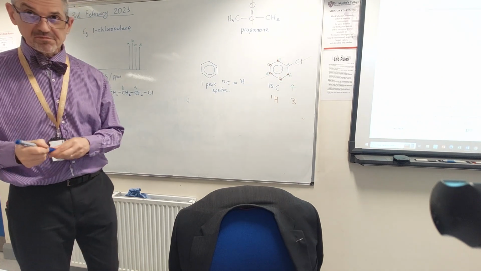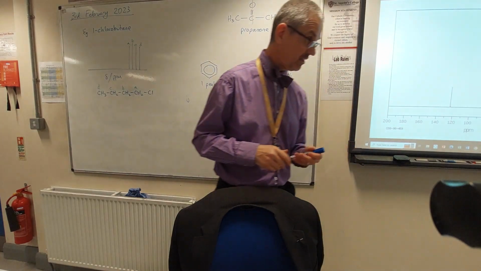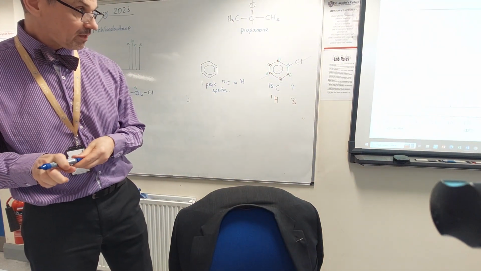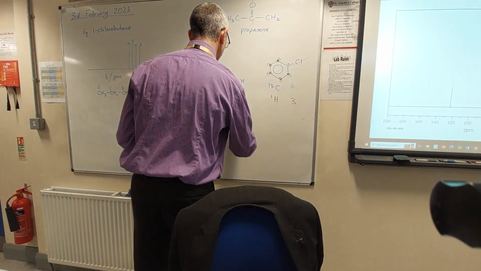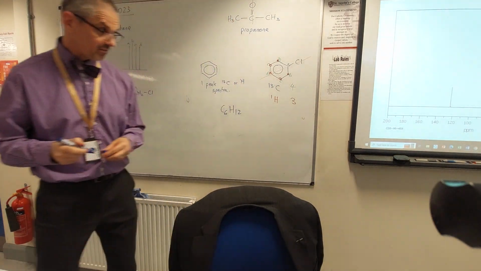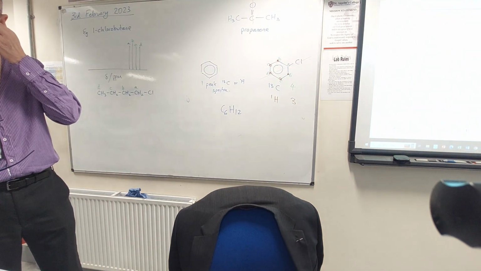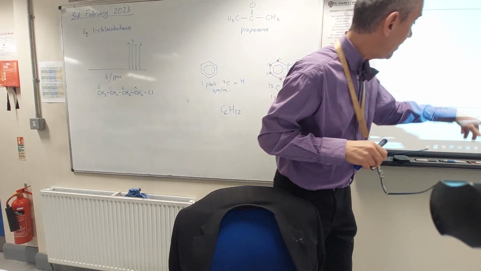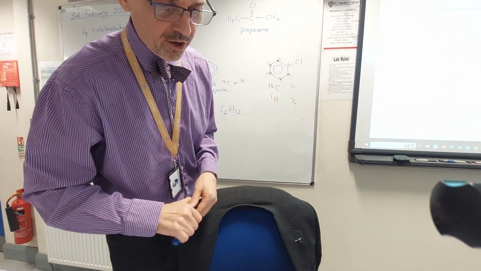Have a fiddle on paper at trying to come up with a structure for this molecule here. C6H12 is the empirical formula, and it's got 2 peaks, and one of them is quite a long way down.